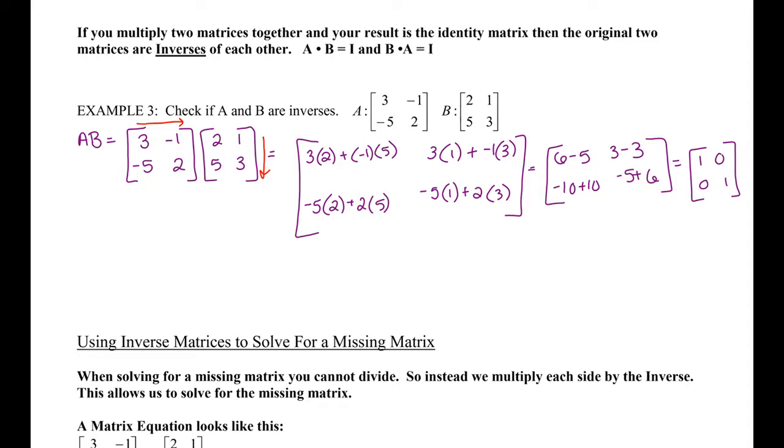You do also have to check B times A to make sure that is also the identity matrix. If it does not give you the identity matrix, then the two are not inverses. So you must check them both.